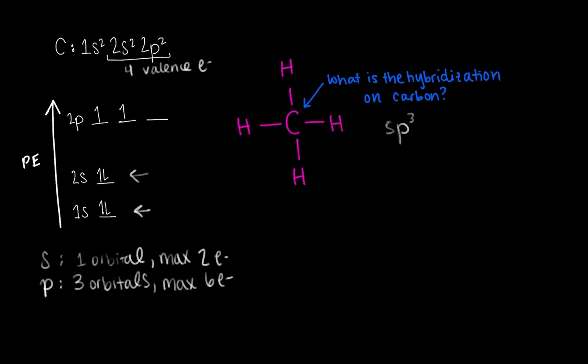What's actually happening here is our s orbital in our 2s subshell is going to join with the 3 p orbitals in the 2p subshell, and they're going to meet at an energy level in between the 2 of them. They are going to combine, and they're going to meet right here in an energy in between the s and the p.